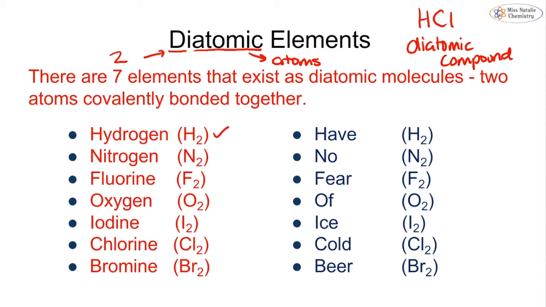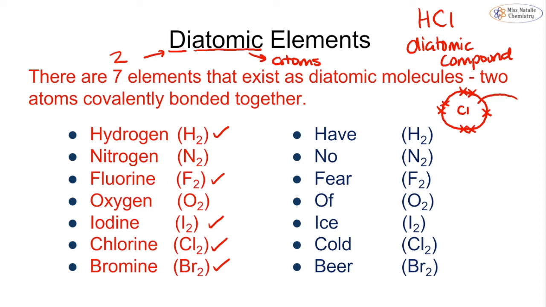And for hydrogen, fluorine, iodine, chlorine, and bromine, they are all going to bond in the same way. So if I take my chlorine, I'm going to squeeze it in at the top here. My chlorine has 1, 2, 3, 4, 5, 6, 7 outer electrons.